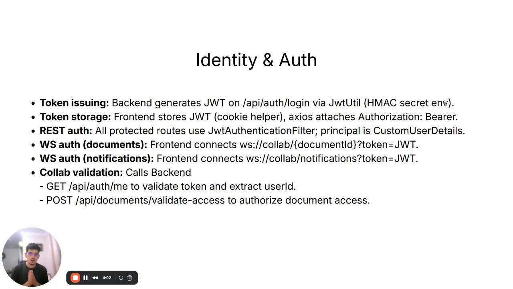We have built a wrapper over Axios to include this token whenever we make any request to our backend. For our REST authentication, all the routes are protected using a filter that we have added in our backend. So all endpoints are protected, and none of them are public except login and sign up.